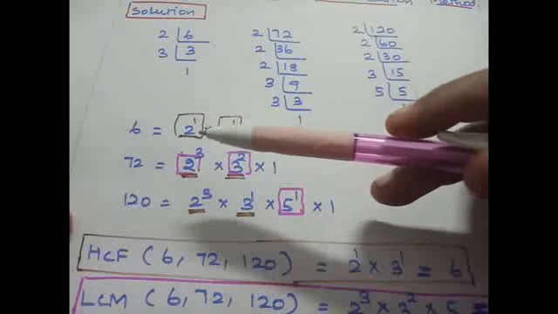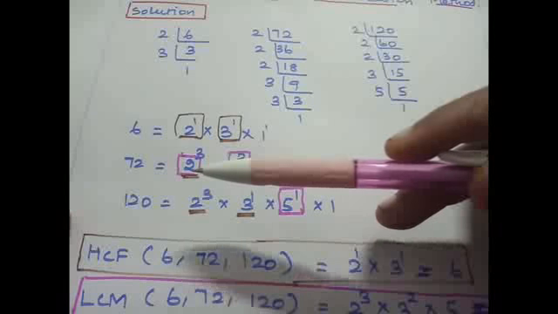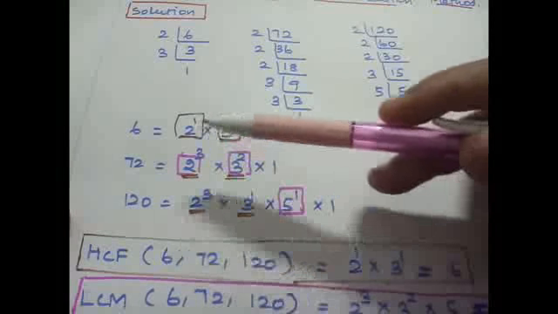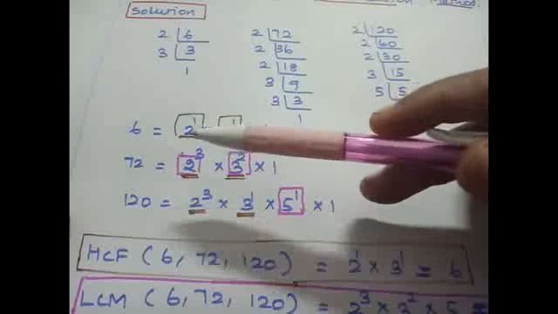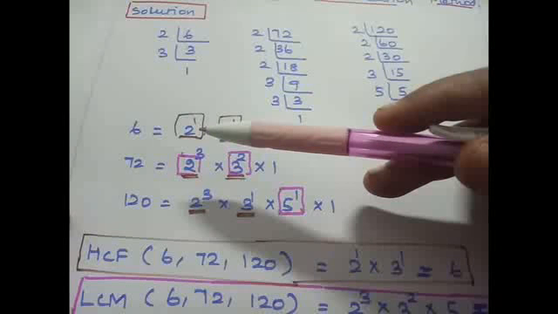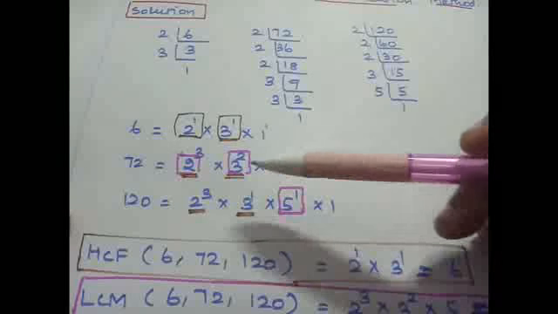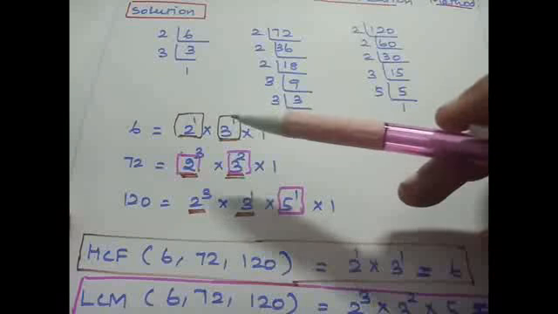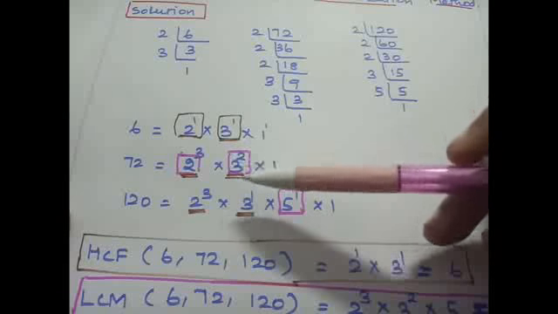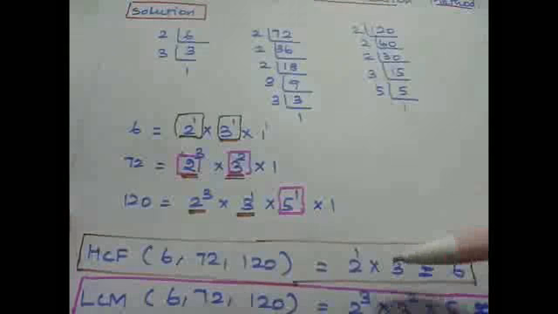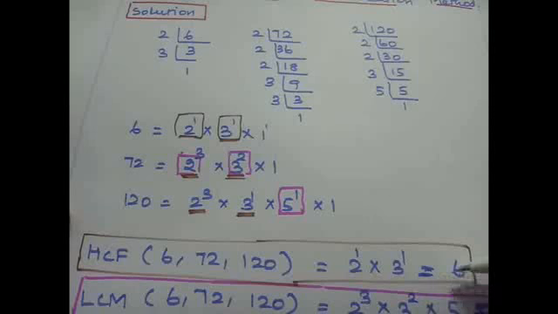Smallest power means 2 power 1, here it is 2 power 3, here it is 2 power 3. 2 power 1 is the smallest power, so I have written that. Next common factor is 3. For this 3, the smallest power is 3 power 1. So the HCF is 6.